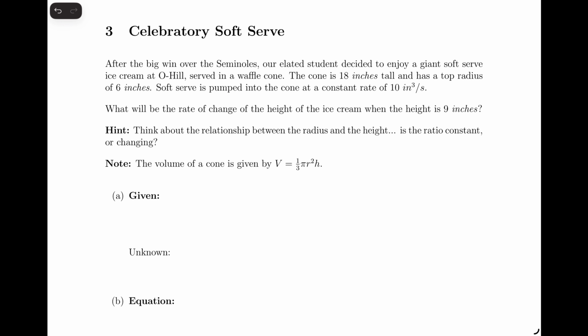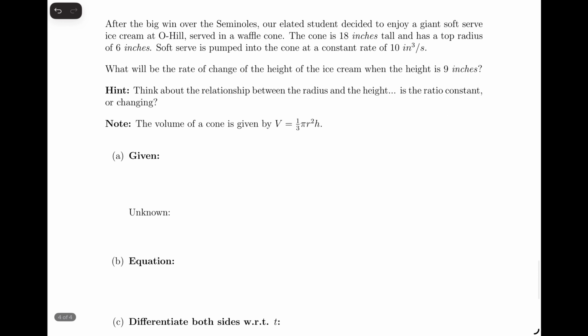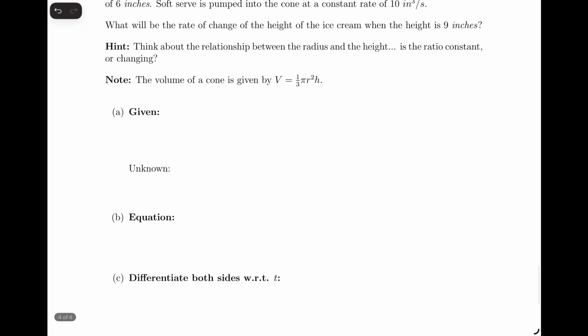What will be the rate of change of the height of the ice cream when the height is 9 inches? We're told to think about the relationship between the radius and the height, whether it's constant or changing, and also noted that the volume of a cone is given by V equals 1/3 pi r squared times h.